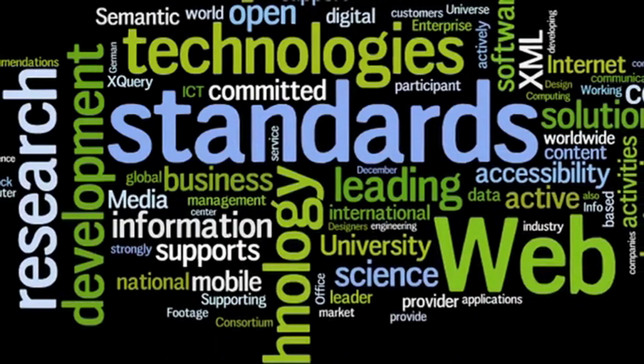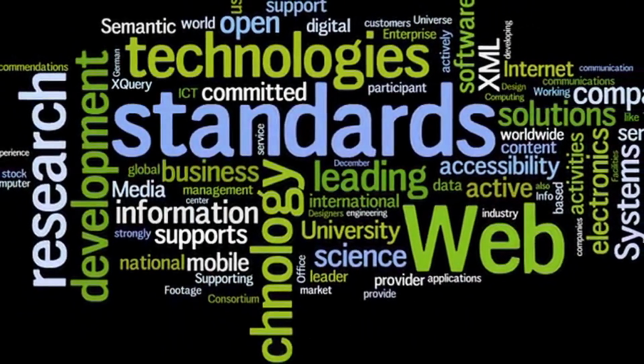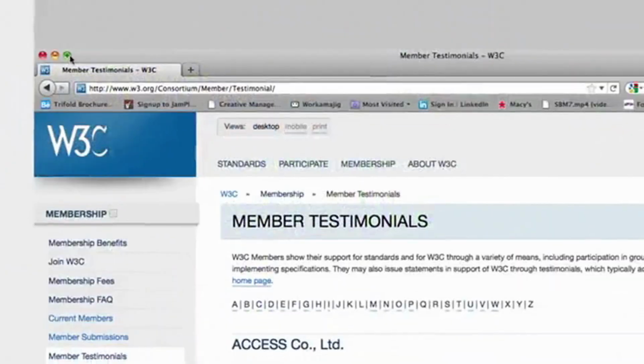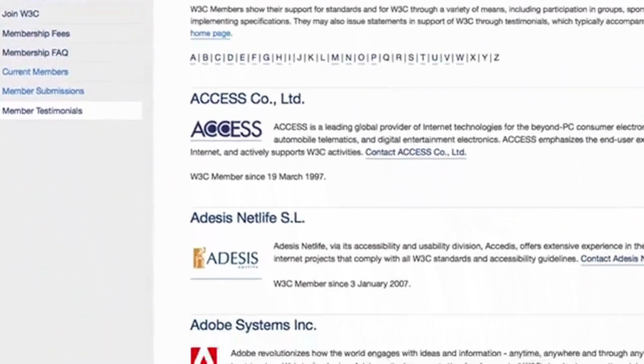W3C gets its authority to be the driver of technical standards for the web, I would say, from three sources. First and foremost, it was founded by the inventor of the web, Tim Berners-Lee, who created an open architecture and asked the industry through W3C to continue to develop and enhance an open architecture. Our second source of authority is from our membership.